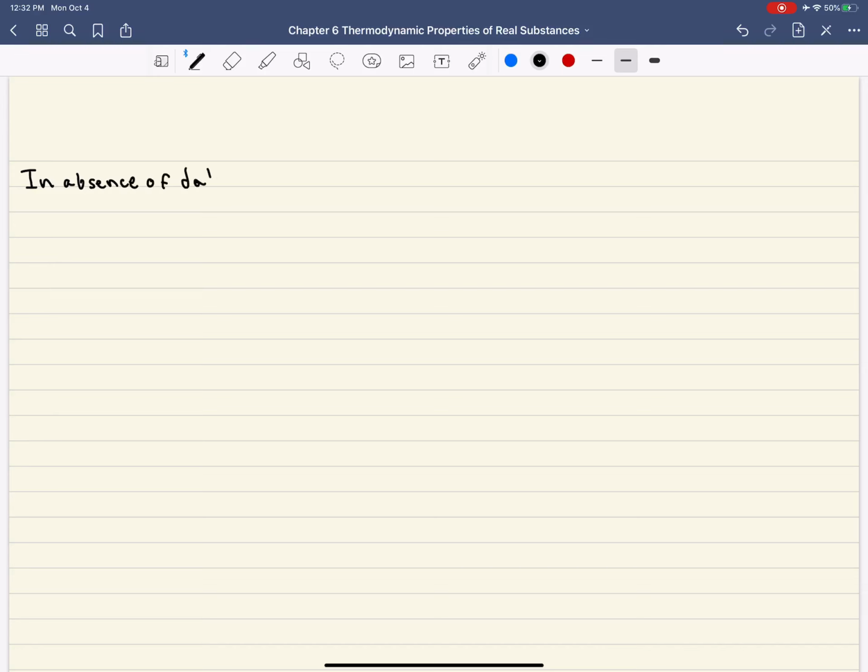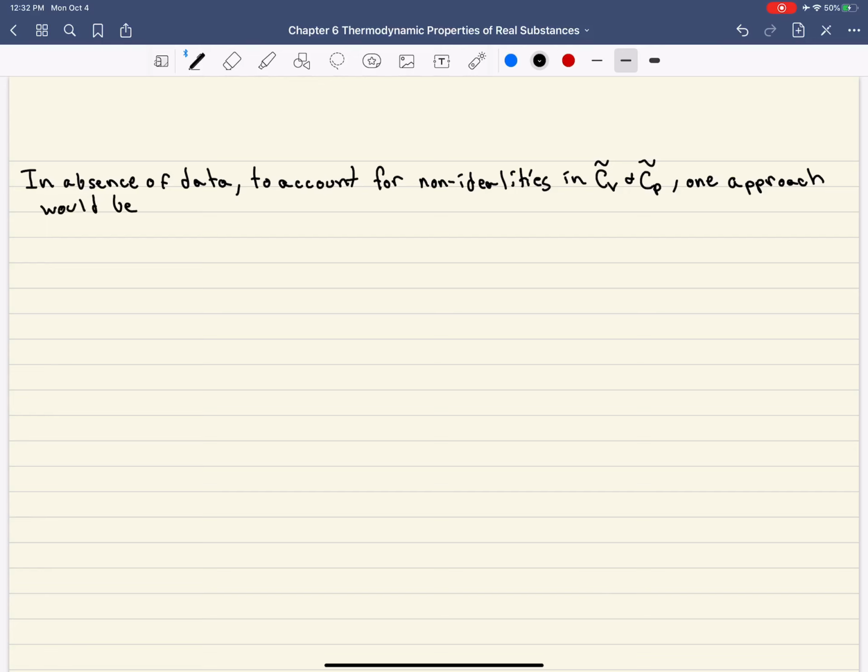So I'll say that if you don't have any data, if you wanted to account for non-idealities in CV and CP, one approach would be to rewrite CV and CP like this.